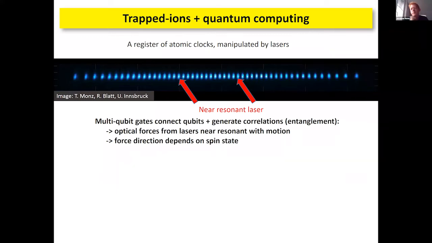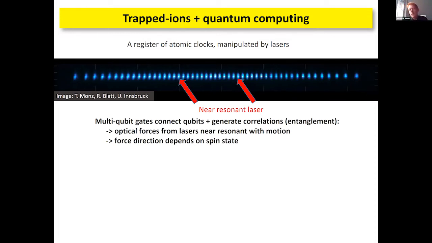The way that we generally do that, though any of you who attended Christian's lecture would have seen this done with microwave fields, is that many experiments do it with optical forces from lasers. And actually the microwave gradients that Christian might have told you about have basically the same principle. You want a force, and the force should be near resonant with the vibrational frequencies, the frequencies at which this entire chain likes to oscillate.